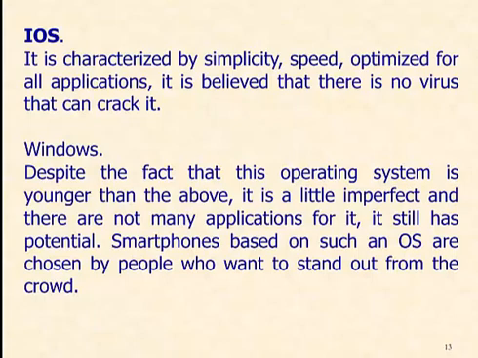Despite the fact that this operating system is younger than the above, it's a little imperfect and there are not many applications for it, but it still has potential. Smartphones based on such OS are chosen by people who want to stand out from the crowd.